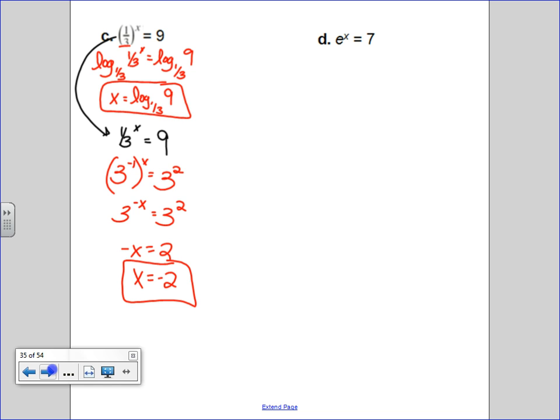Wait, so is this the same thing as that? Yeah, but the way that you would have seen it, you would have had to change the base and say, I don't like 1/3, but there is a 3, and I see 9, and it's 3 squared, so maybe if I change the base to be log 3 of 9 over log 3 of 3 to the negative 1, then maybe I could have brought down the negative 1, brought down the 2, found negative 2, but it just would have taken a bit more creativity, right?